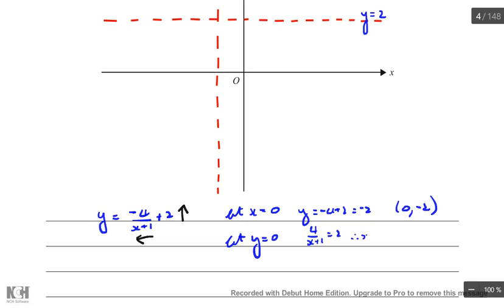So x would be 1. So an x-axis intercept at 1, 0. I'm going to mark that out too. That's going to set the horizontal scale, because there's a mark for having a scale on both axes. Make this 1, and I've got a y-intercept here at 0, negative 2.